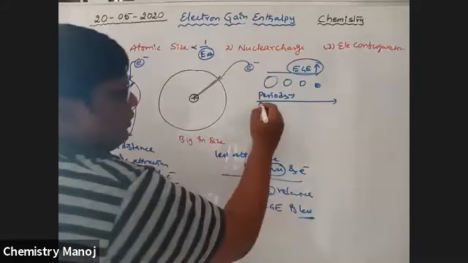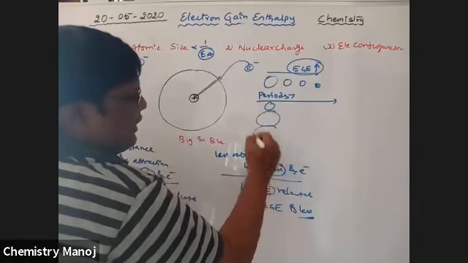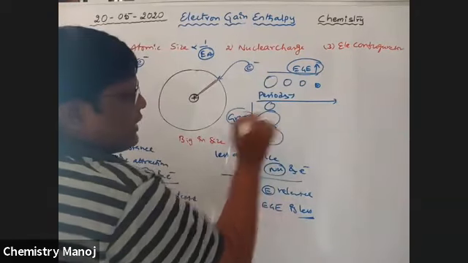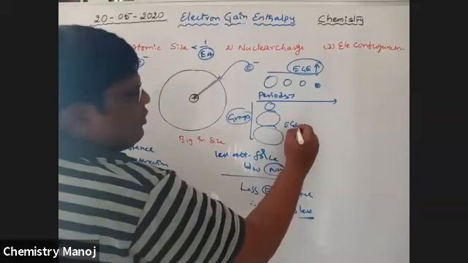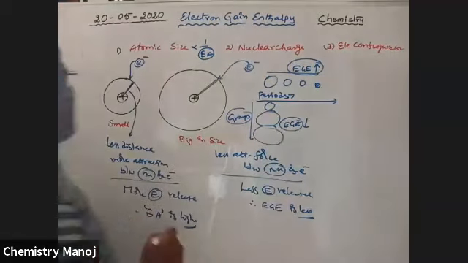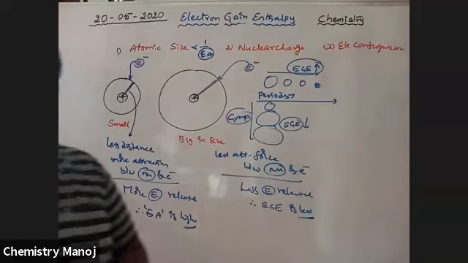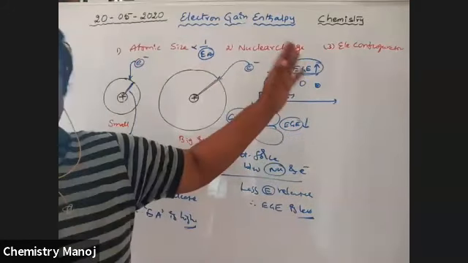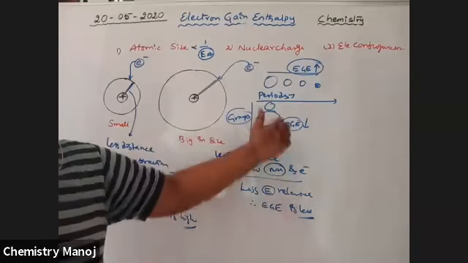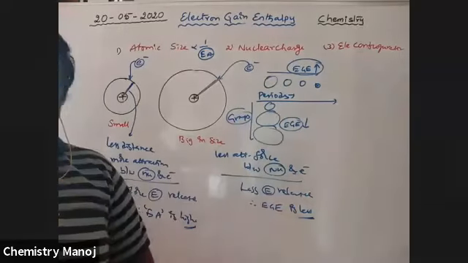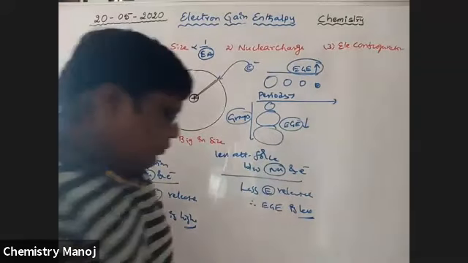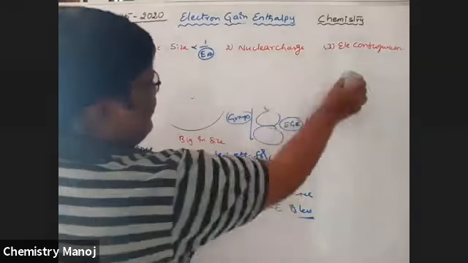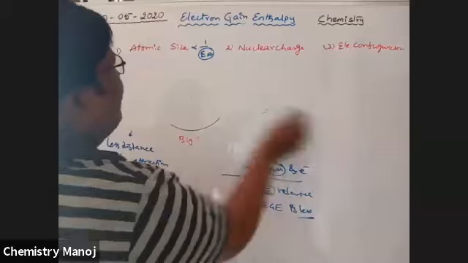From top to bottom in groups, size gradually increases, therefore electron gain enthalpy decreases. That is why in periods, in general from left to right, electron gain enthalpy increases, and top to bottom it decreases because size increases. So this is one of the factors influencing electron gain enthalpy.